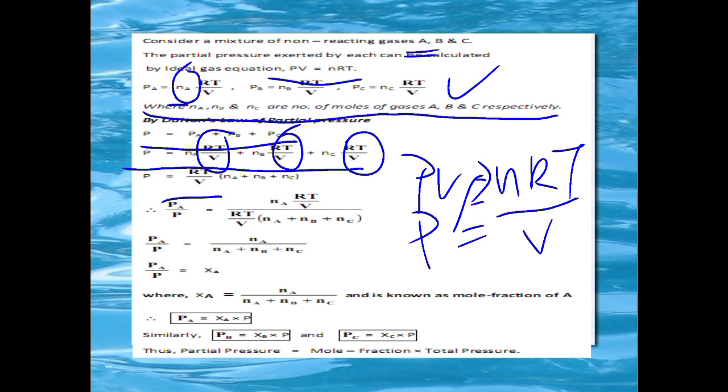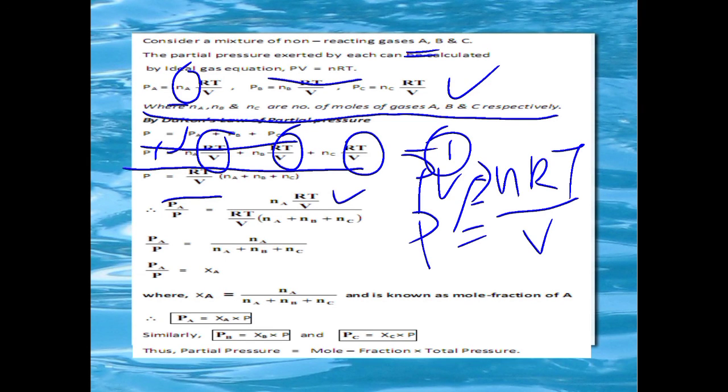Now if we want to calculate only PA by P, PA is Na RT by V, and P is the total. From equation 1 we can see that P is equal to RT by V into Na plus Nb plus Nc.